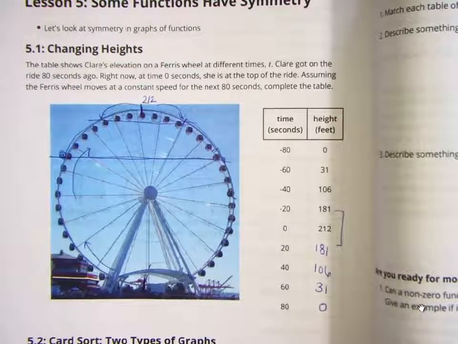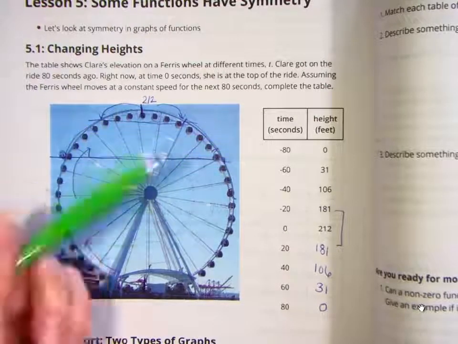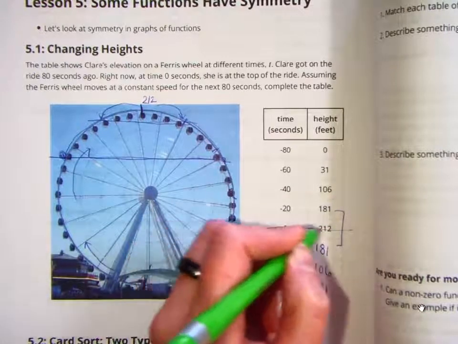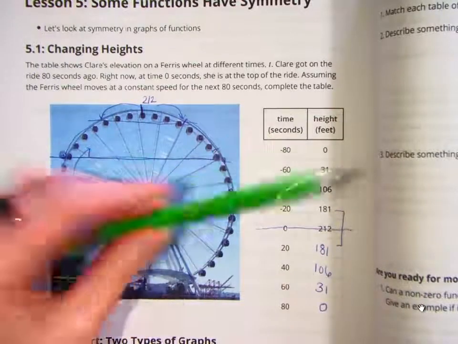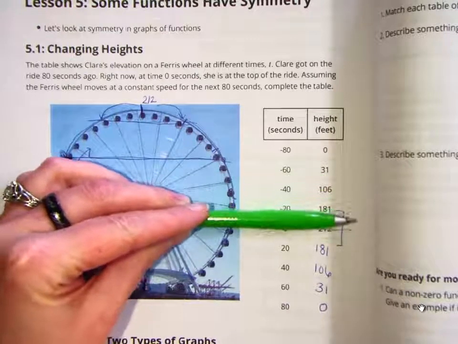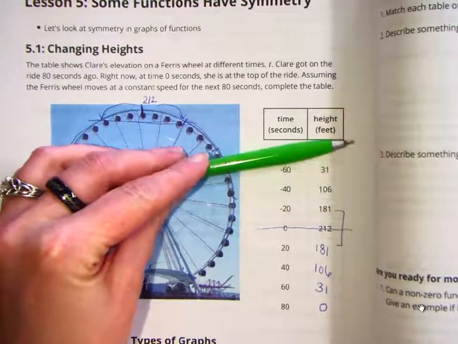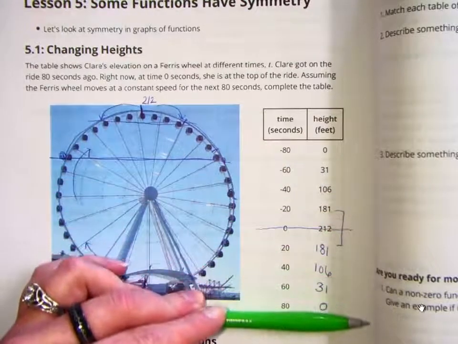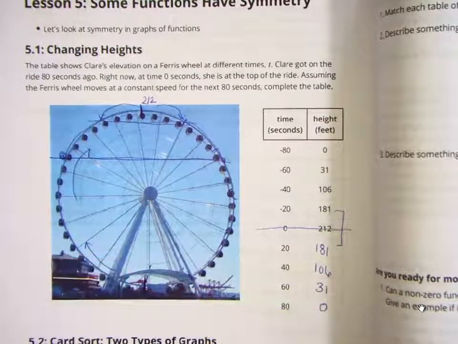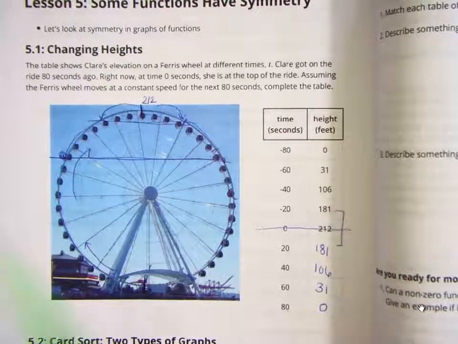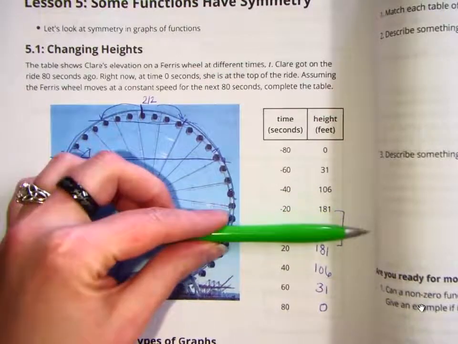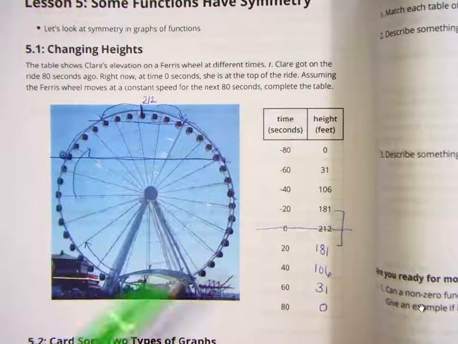And so what we're seeing with this Ferris wheel is that right here at the cutoff point, to go along with what we thought of in Lesson 4, we have a reflection going on here. The same numbers that we see coming out from this reflection point are the same as what we see after the reflection point. So just like the graphs we were looking at, as far as reflecting, this one we could say it's reflecting over the y-axis, because right here is where it's going to split.